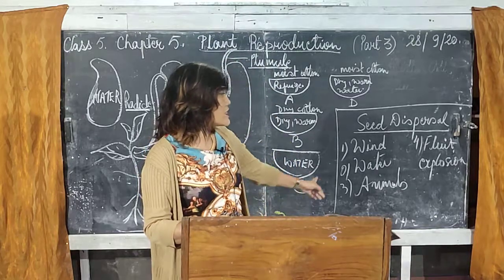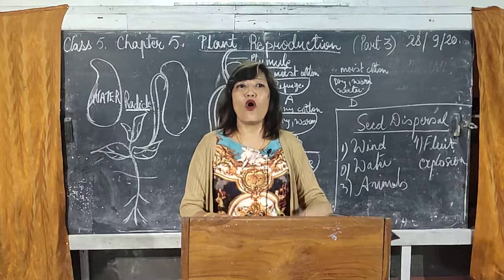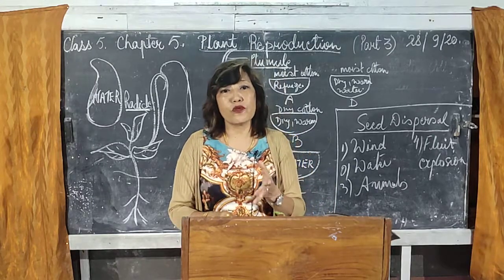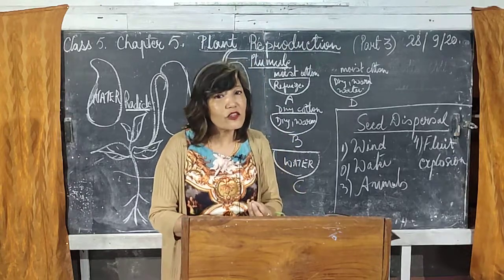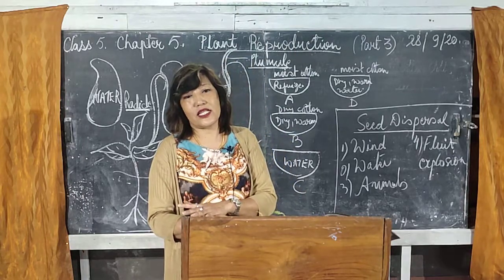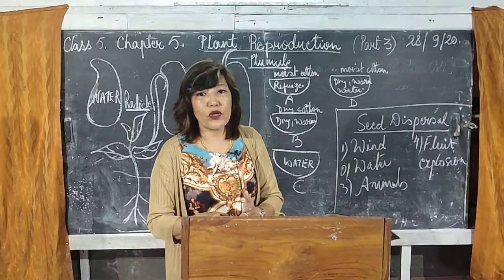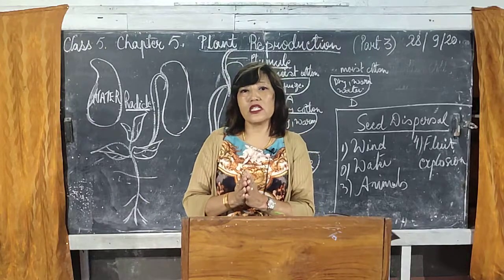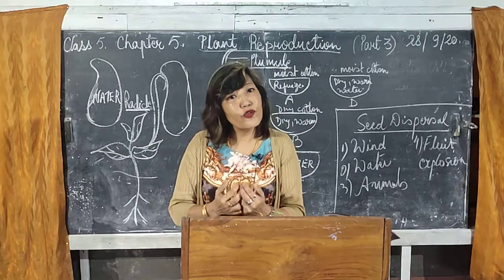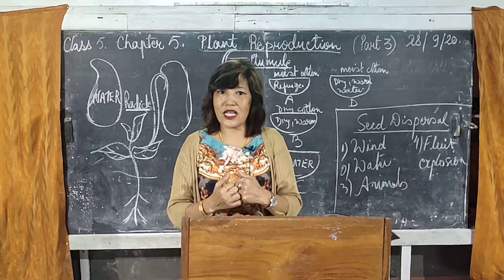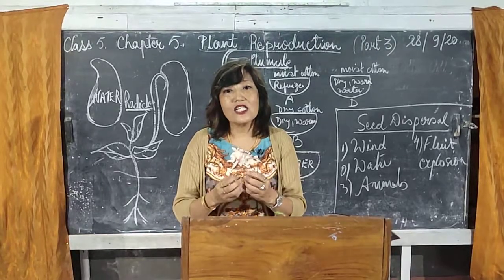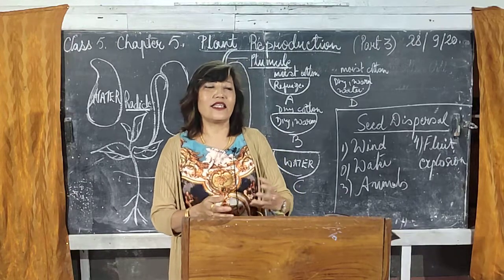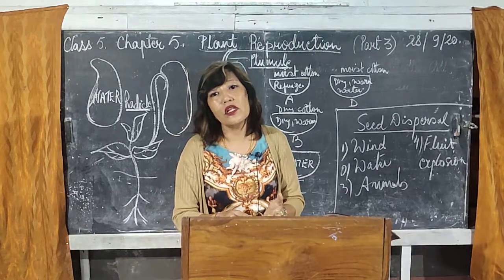Then the next agent is animals. Now animals, birds and human beings will disperse the seeds. How? They will eat the fruit and throw away the seeds, and from the seeds new plants will grow. Sometimes some of the animals or birds will swallow the fruit along with the seeds, and in that case the seeds will be excreted in the droppings undigested, and from that seed the new plant will grow.